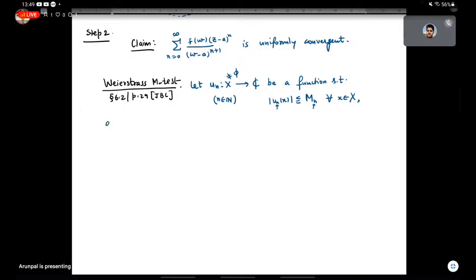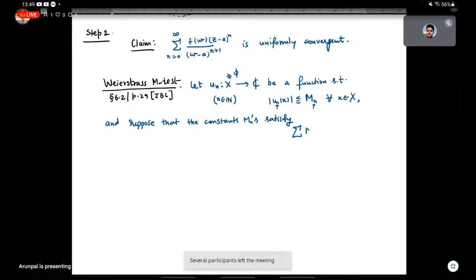And suppose that the constants M_n satisfy this condition. It means these constants form a convergent series.